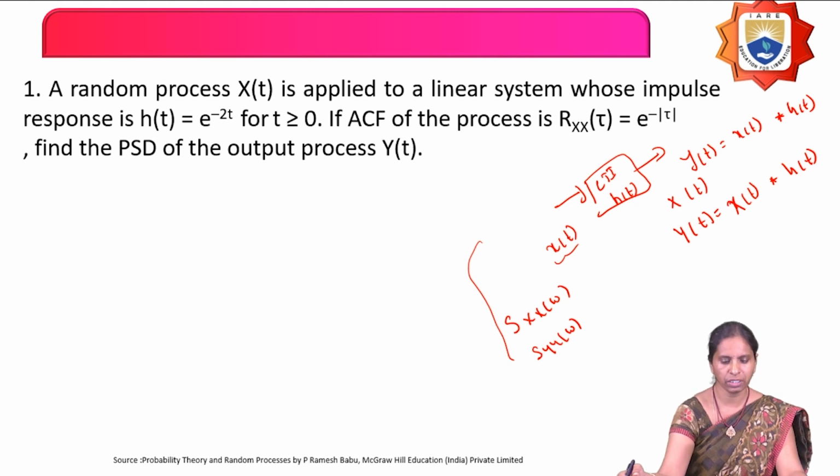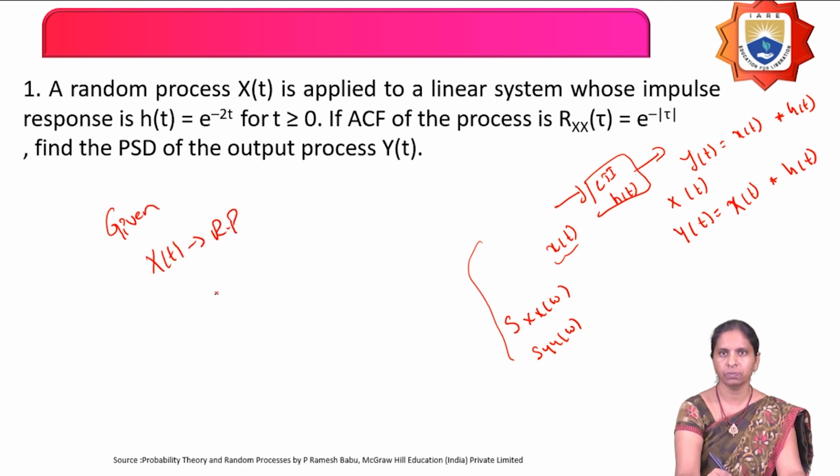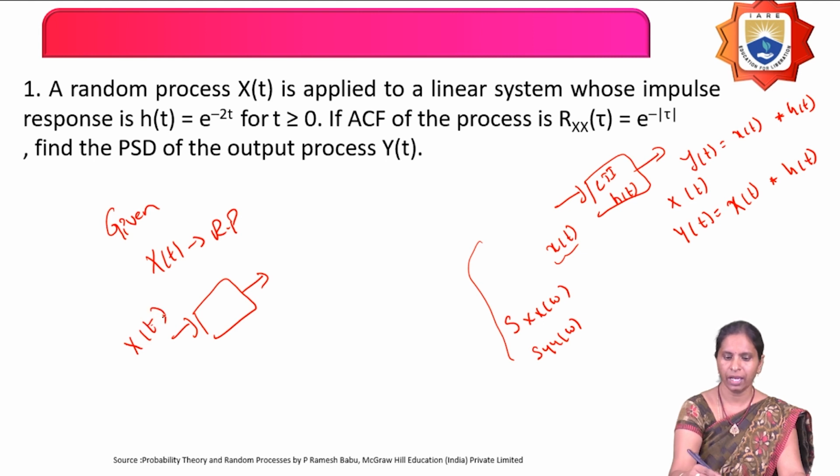So what have they given here? They have given x of t, a random process. This random process is applied to a linear time invariant system. So the input is x of t, the response is y of t, and the impulse response of the system is h of t.